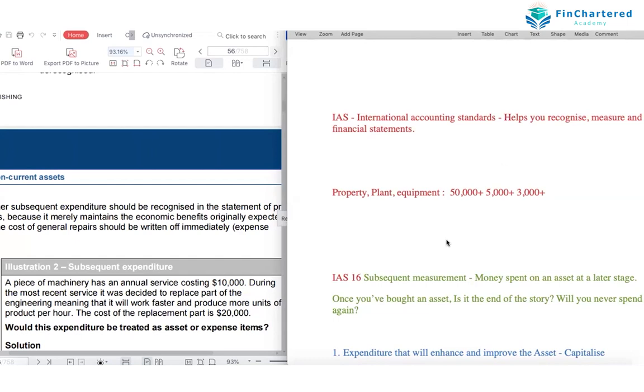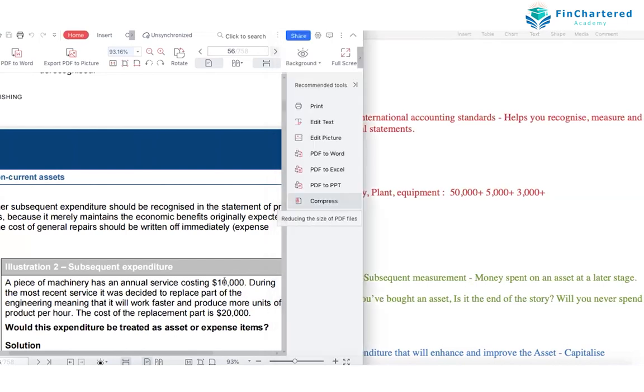It will not make it from this many cylinders to that many cylinders. It will not make the car more powerful. It will just maintain the car at how it is. So service, because it's just maintaining and it's not enhancing, you will not capitalize it. It will be expense.